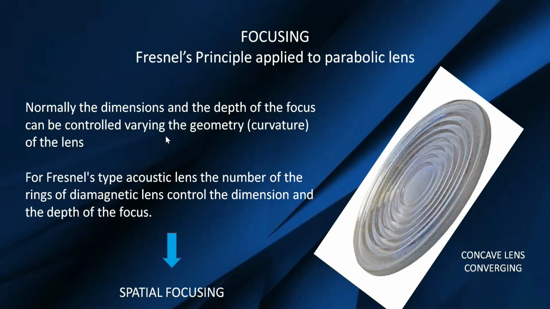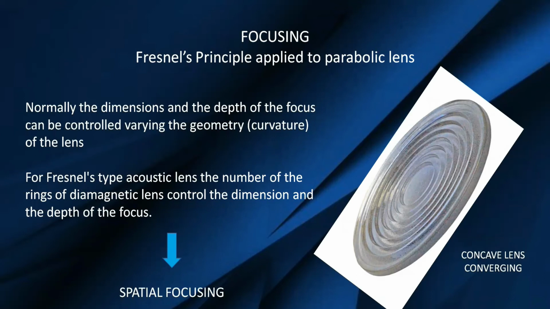Normally the dimensions and the depth of the focus can be controlled by varying the geometry, the curvature of the lens. So in optics, to have a greater optical effect, you have to use a great lens.